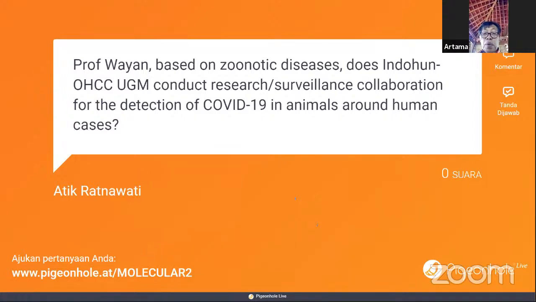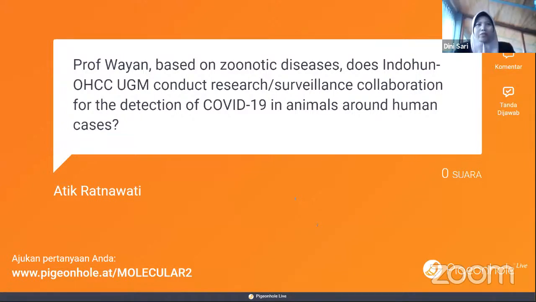We have one grant that will identify COVID-19 also in animals, but it has not yet run. For humans, we did already. For the animal, it is still in progress.